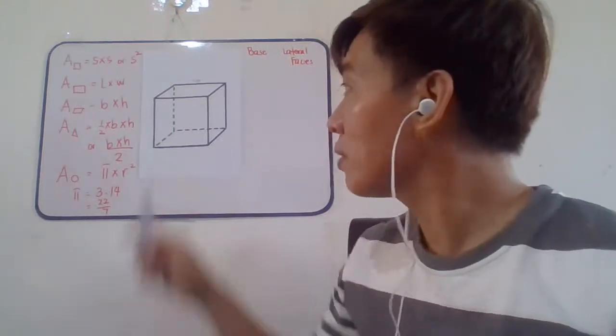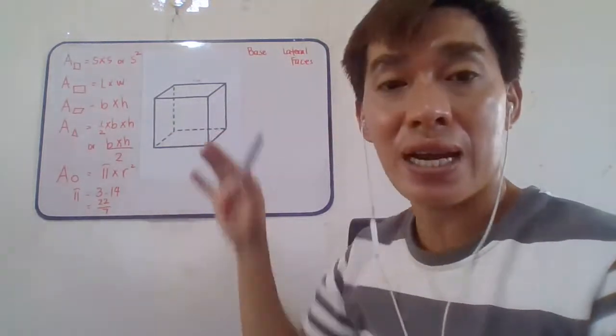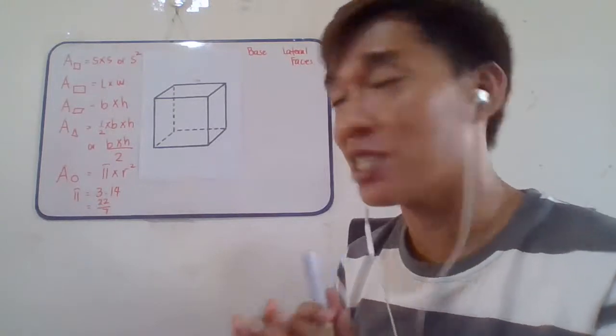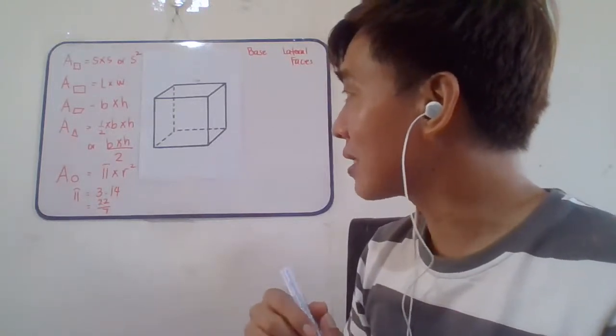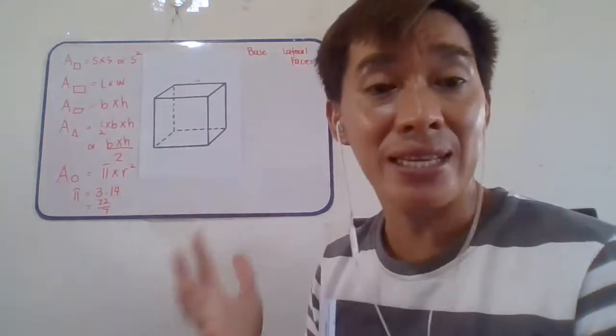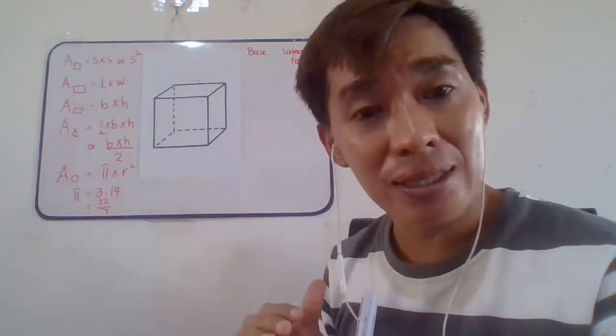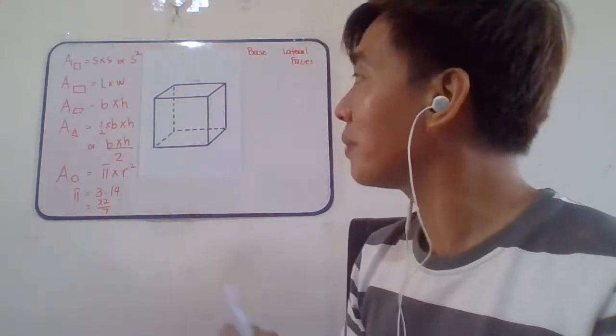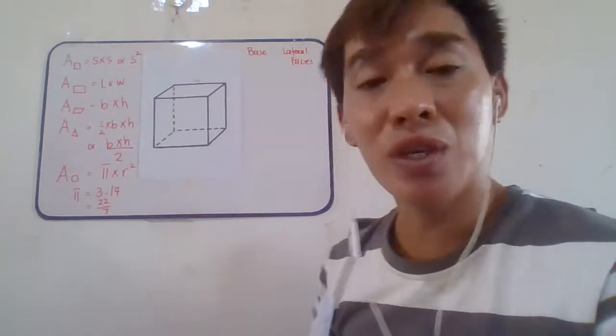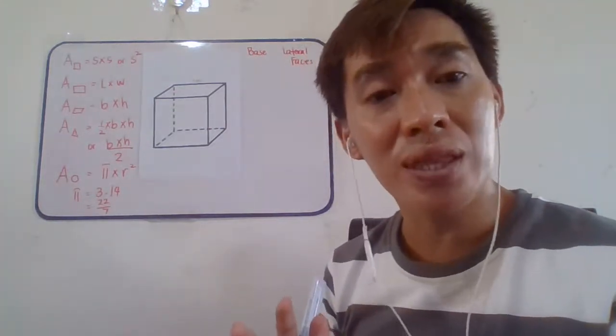So, this solid figure has parts. The first part is its sides, its flat surfaces. If you have a box or a cube with you, you will notice the flat surfaces.